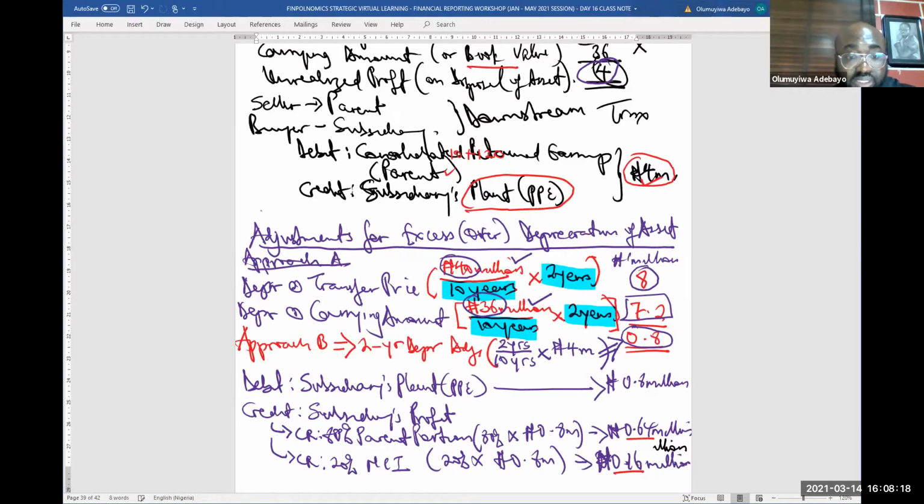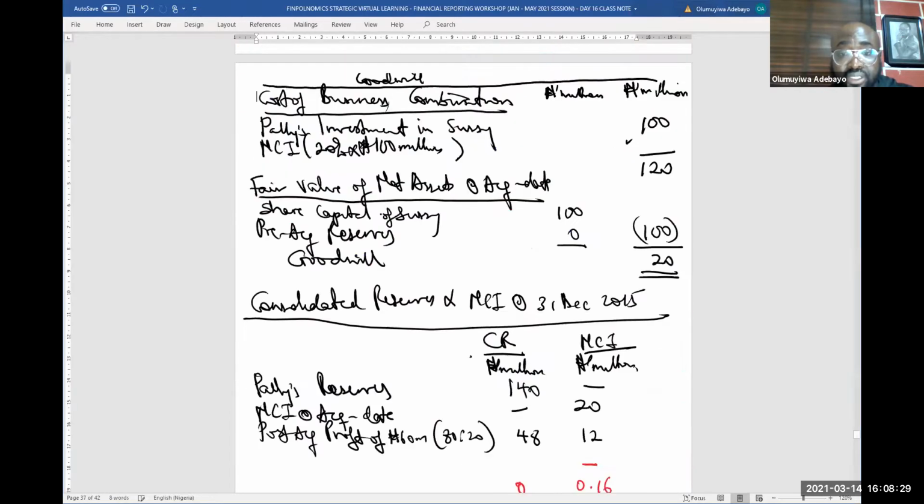The second adjustment is to increase it by the amount of depreciation that was charged in excess, which means minus 4 million plus 0.8.